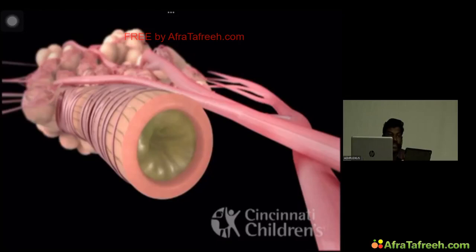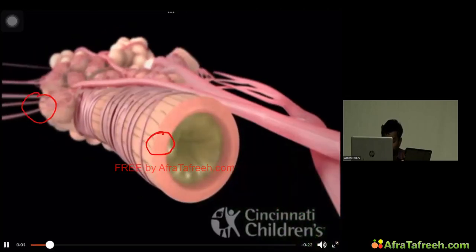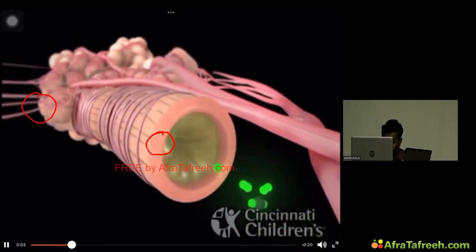What is your observation? Here there is an airway, and this airway is very close to the alveoli, so it should be some kind of medium-sized airway. In this medium-sized airway, you can see there is a layer of secretions. Now what happens? Air goes inside and comes outside.